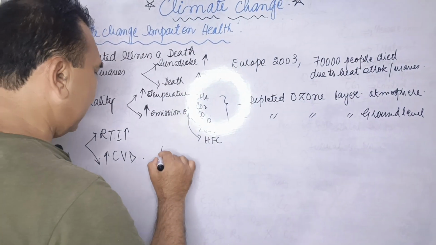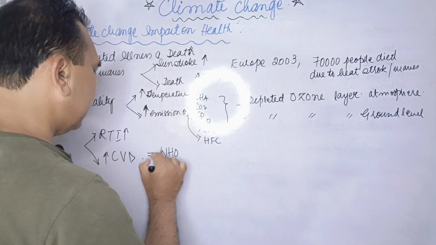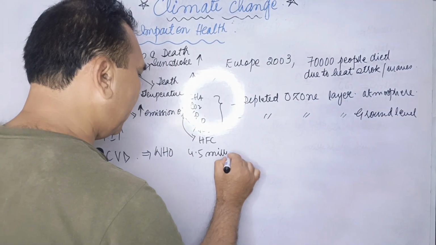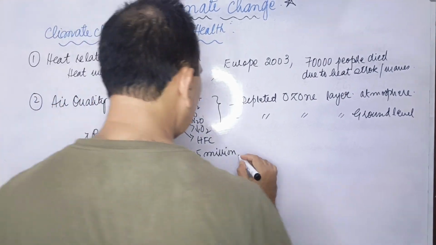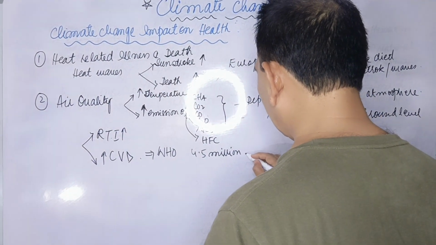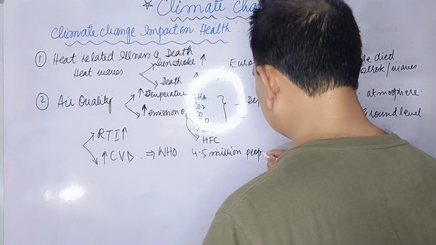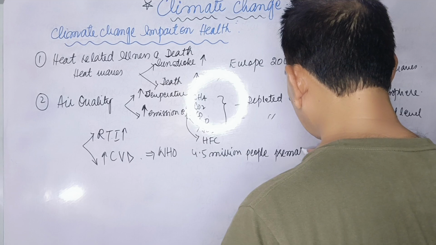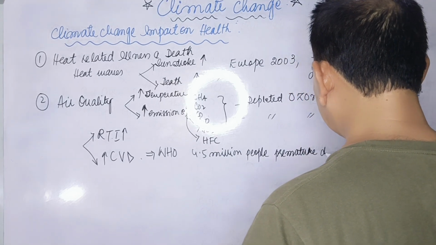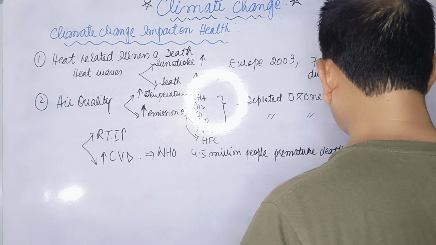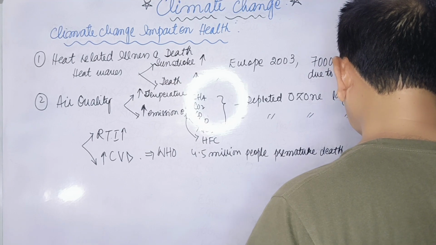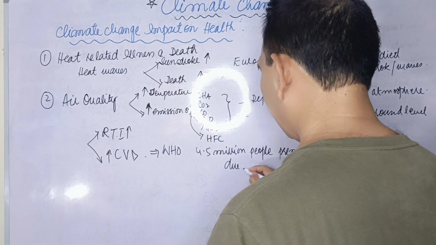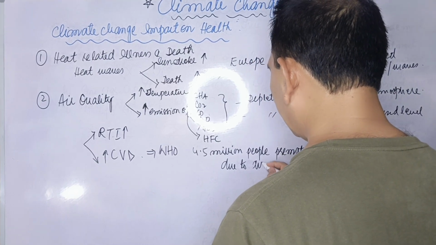The WHO says 4.5 million people will face premature death annually due to air pollution.